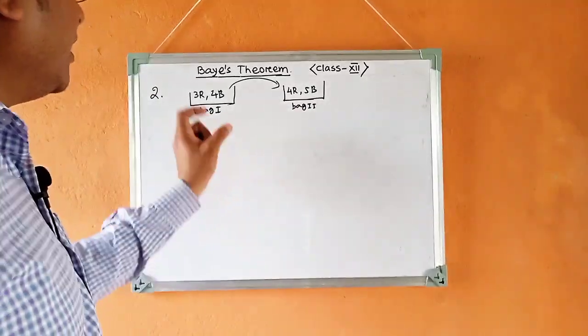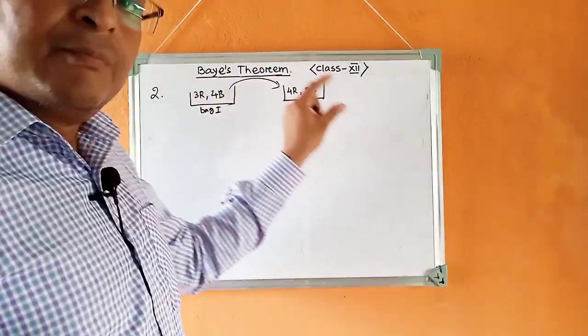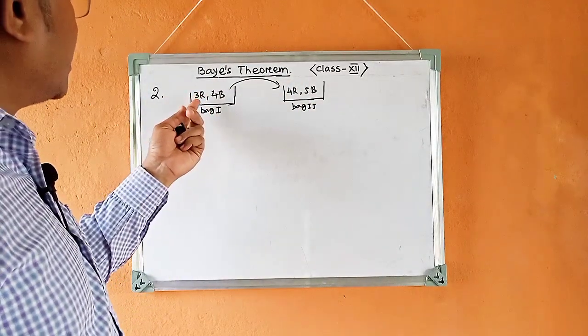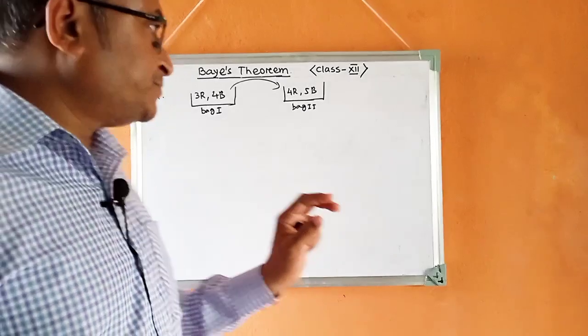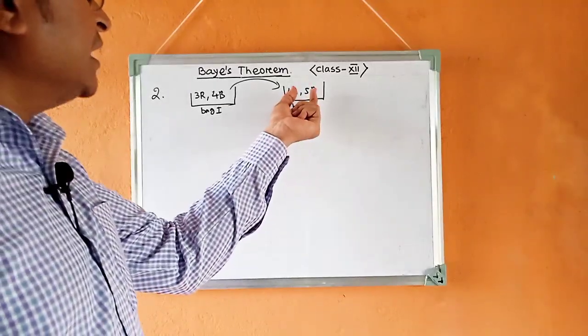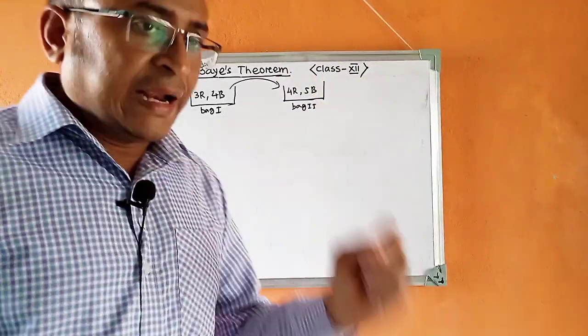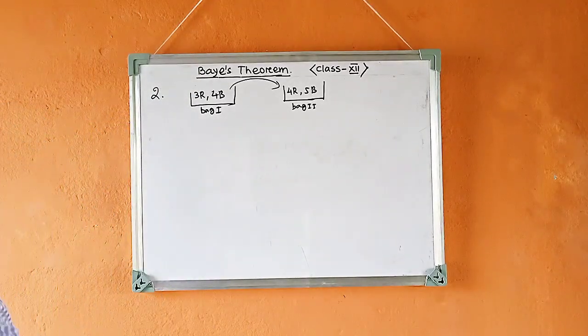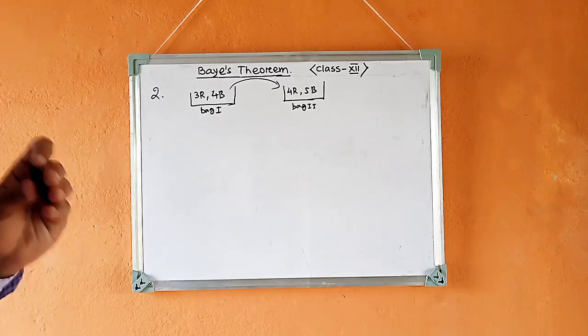First of all, one ball is transferred from bag 1 to bag 2. That one ball is either red or black. After that, a ball is picked from bag 2. Find the probability that the transferred ball is black.